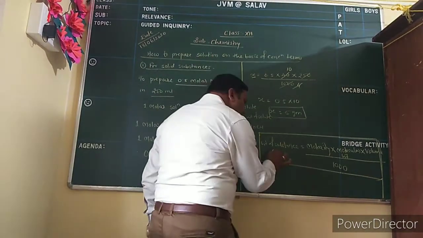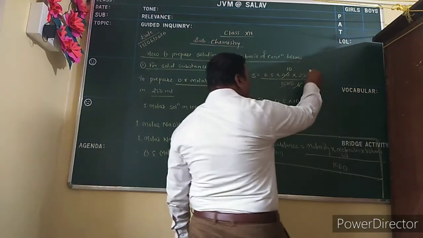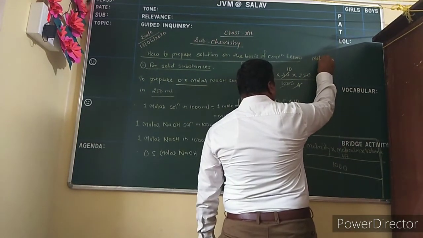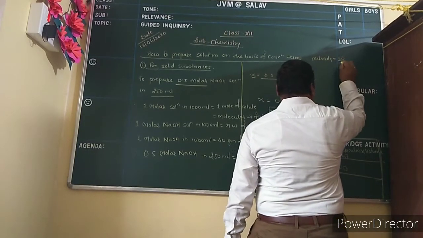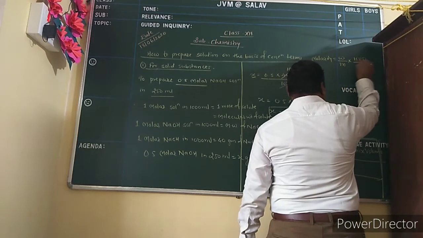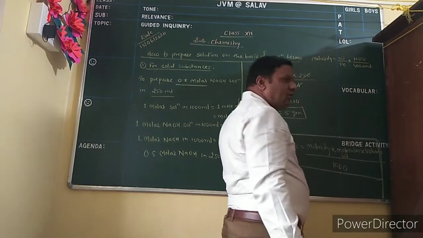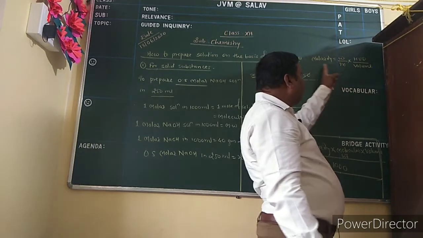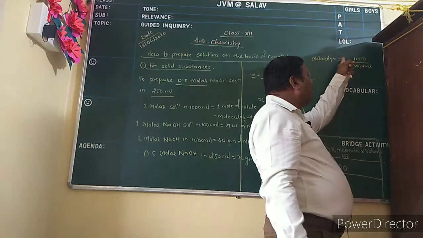Weight of substance is the small w. Because you know very well, molarity is equal to small w upon small m into 1000 upon volume. So molarity is given, m is given, volume is given, only you calculate w.